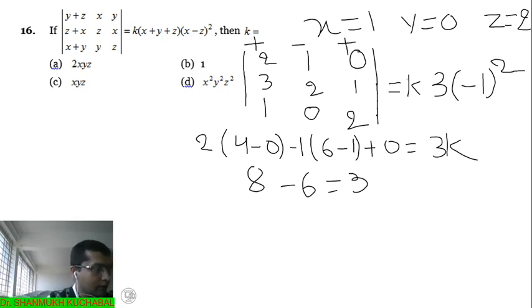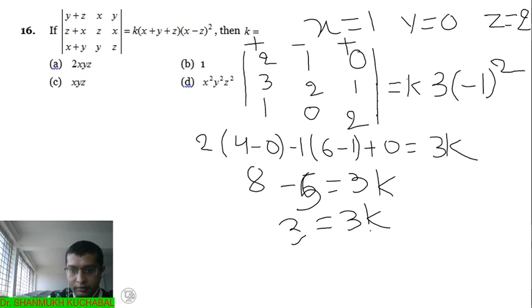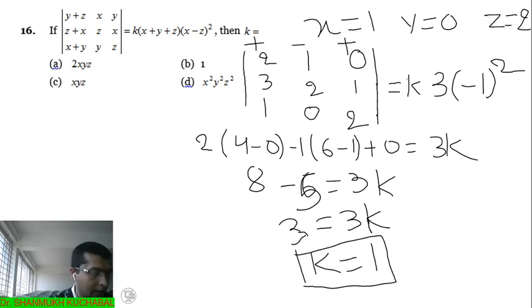Yes, we get 6 minus 1 as 5, so 3k here. 8 minus 5 is 3, equal to 3k. So 3 equals 3k, and we get the solution as k equal to 1. Therefore option B is the right answer.